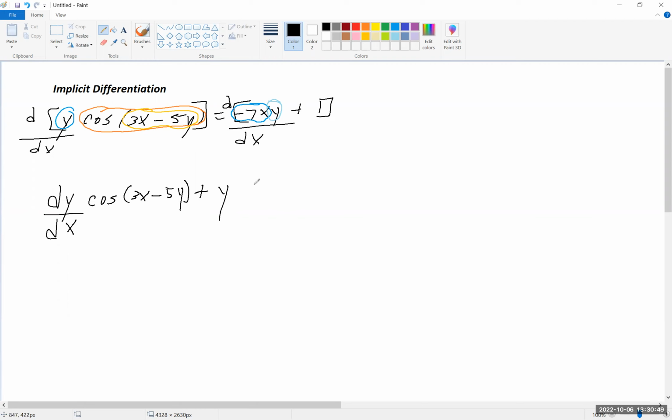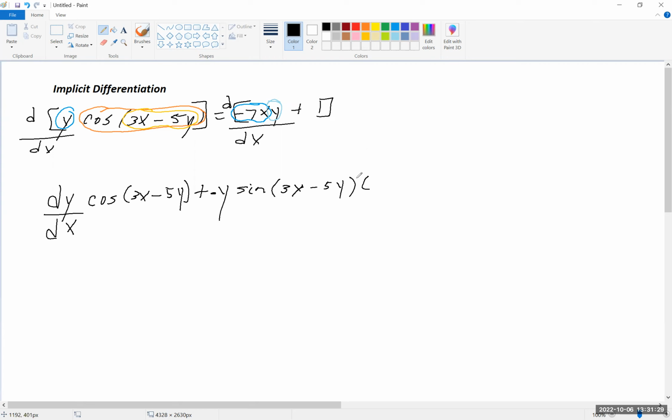So the derivative of cosine is minus sine. So I'm going to put the minus out here. Okay. So it's minus sine of the inside function. But because we have to use the chain rule, we need to find the derivative of the inside function.